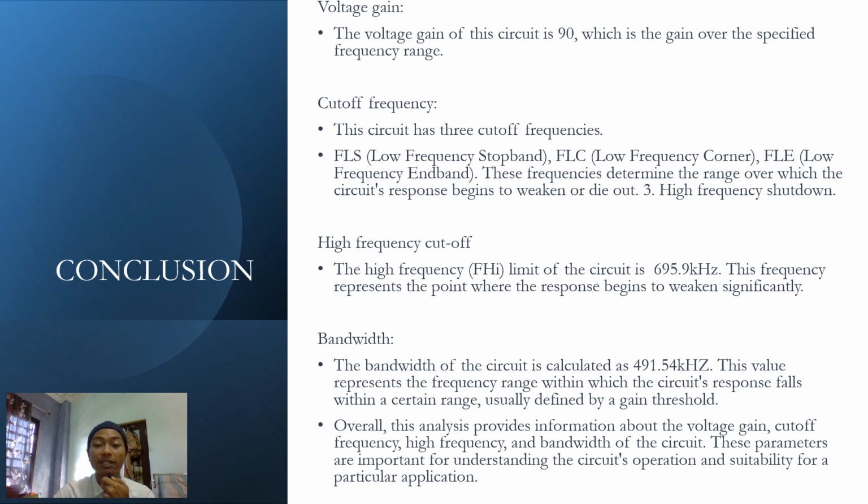And in this analysis, we can get the voltage gain, cutoff frequency, high frequency, and bandwidth. All this information is important to understand, so that we can know under which condition this circuit is suitable to be used. And that's all from us.